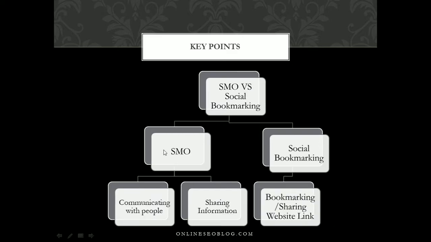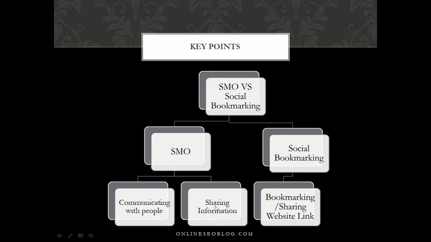Okay, let's get started with SMO versus social bookmarking. SMO is altogether different. That is social media optimization, where we use social media platforms like Facebook, LinkedIn, Twitter in order to promote our brand, and social bookmarking is to promote your link, to earn a backlink. In SMO we communicate with people. In social bookmarking we do not communicate with people.